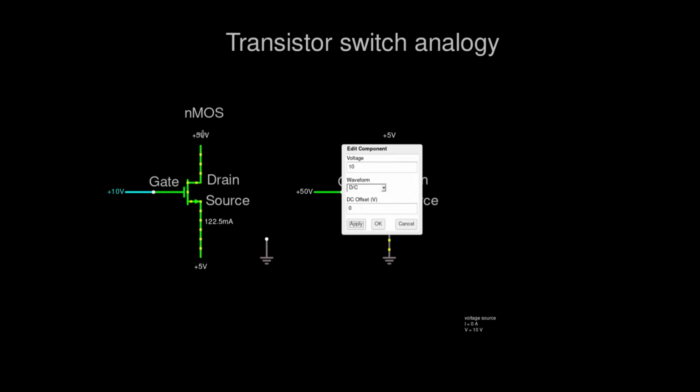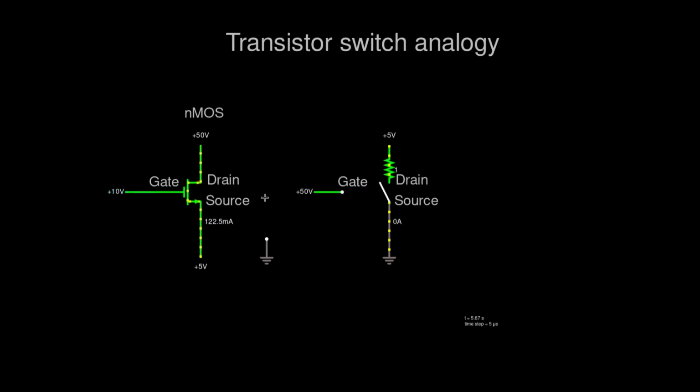When we have 5 volts here, 0 volts here as ground, and 5 volts here, we had 122 milliamps current passing through it. Now, this is the N-channel transistor, but we also have a P-channel transistor. So let's look at that as well.